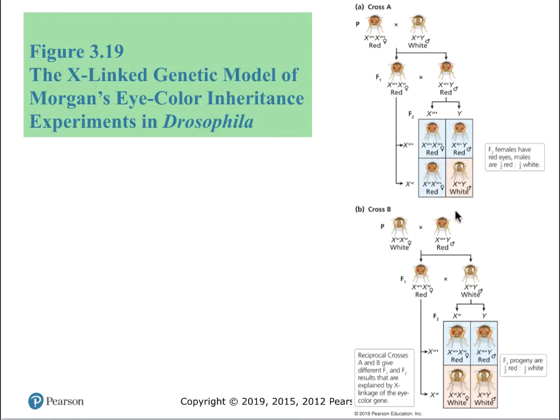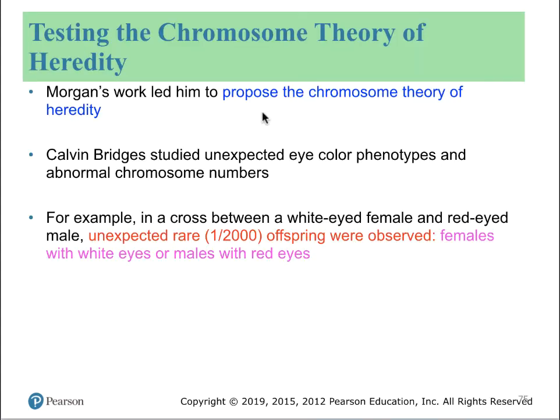And the second column is the column for males, and that contains only one X chromosome with a Y. So all the females will be red-eyed, and the males will be red-eyed and white-eyed in a 1:1 ratio. Even though the females are all red-eyed, they are also divided into carriers and homozygous dominant, and that genotypic ratio would be 1:1 also. Morgan's work supported the chromosome theory of heredity.